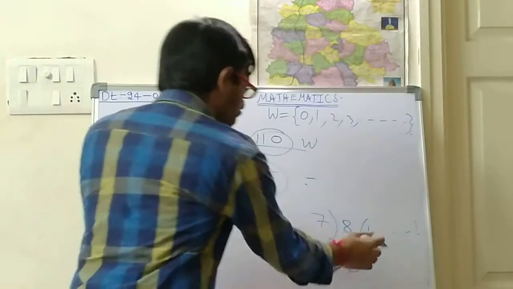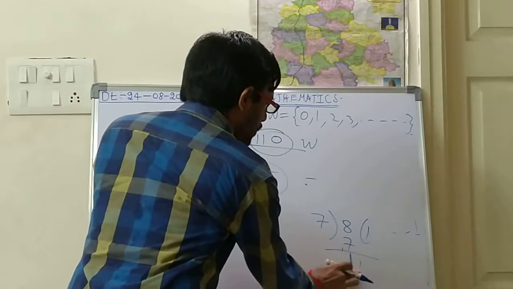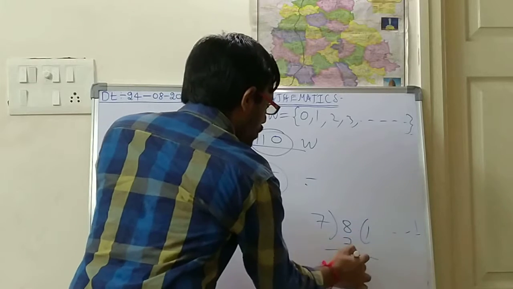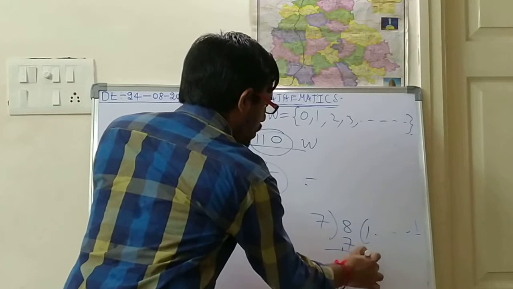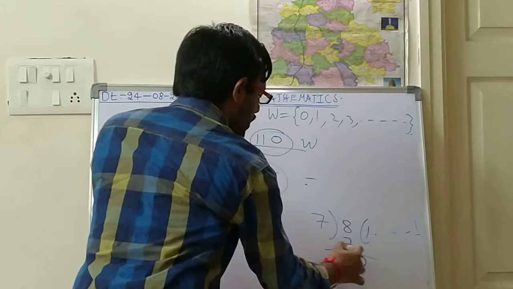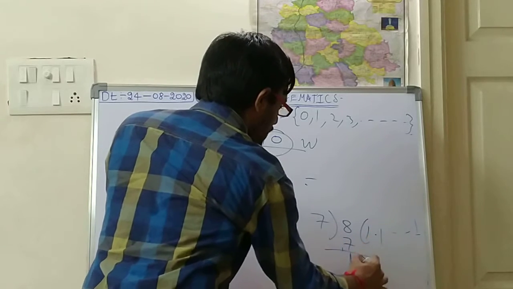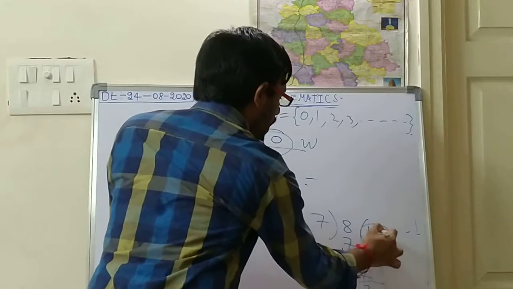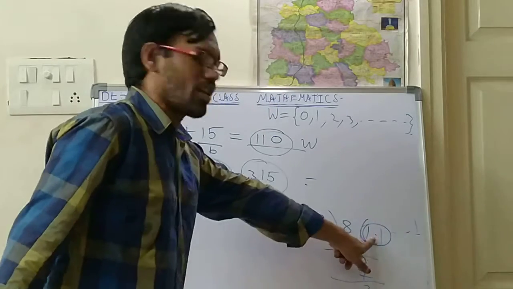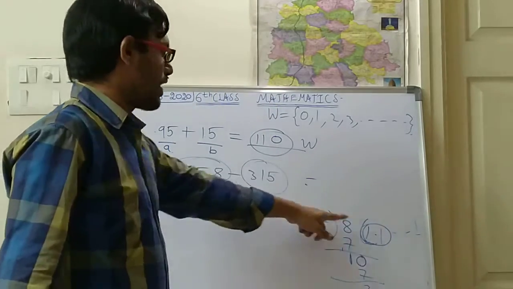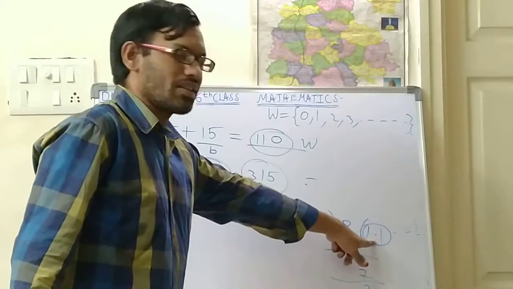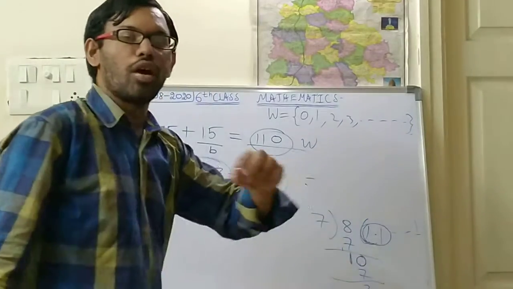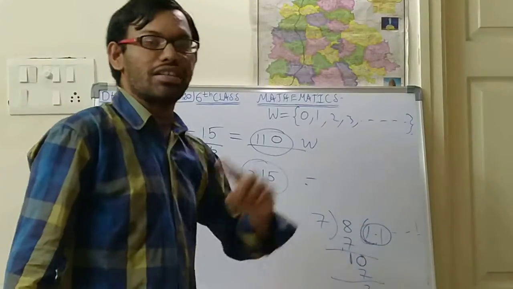If you do that also, no problem. By taking decimal 0, 7 1 7, again 10 minus 7 is 3. That means whatever quotient we are getting is the result. So how is the result? 1.1 is one of the decimal numbers.